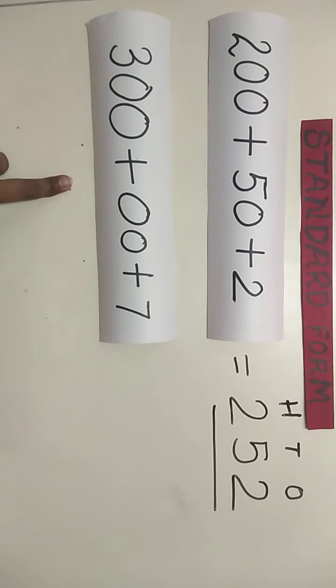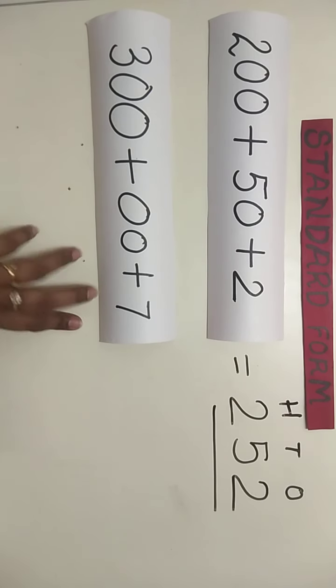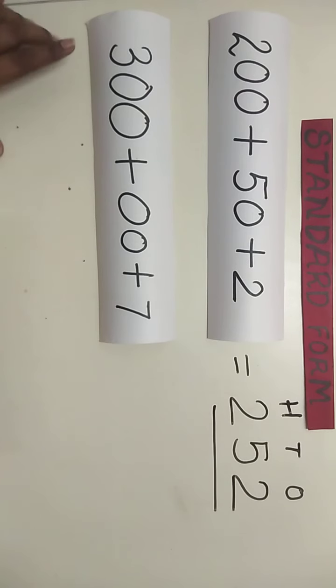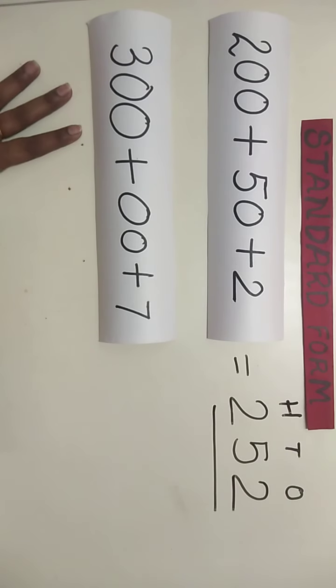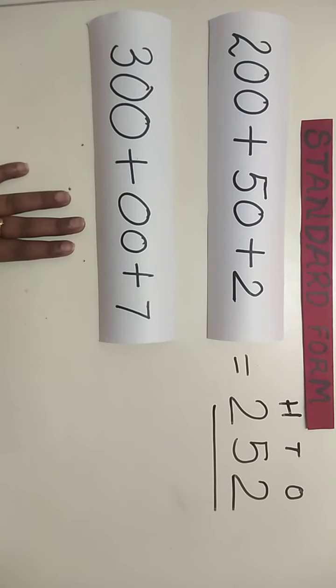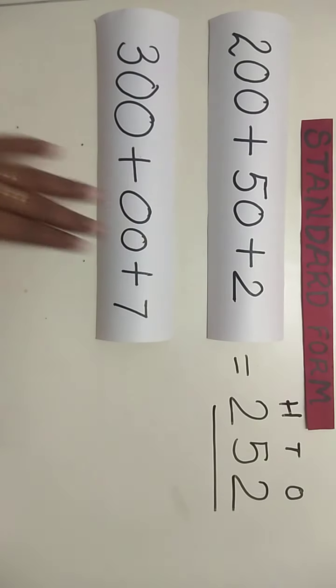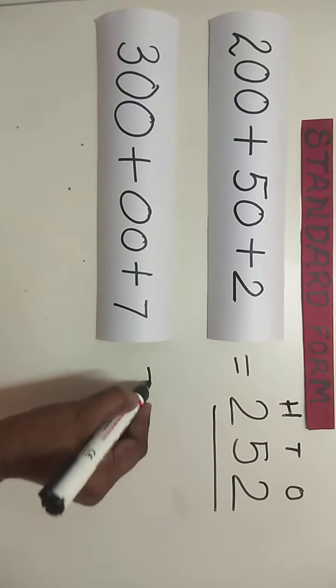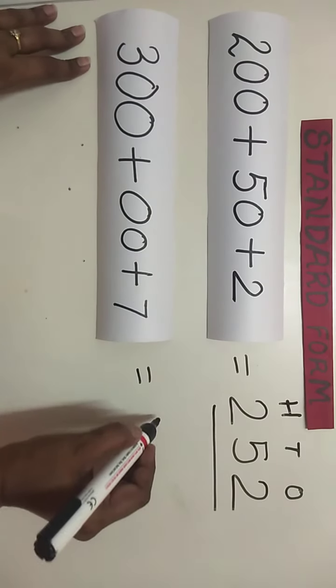300 plus 00 plus 7. Here if you notice, in the place of 100 we have 3, that is 300, but in the place of tens we have 0 over here, and in the place of ones we have 7. So let us write it in the standard form as it reads out: 300.